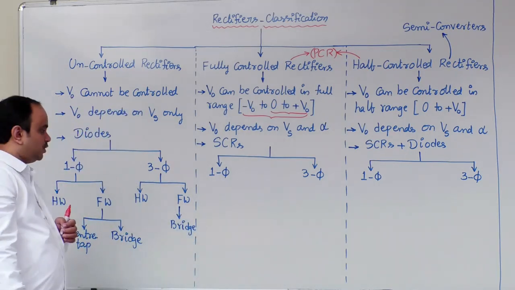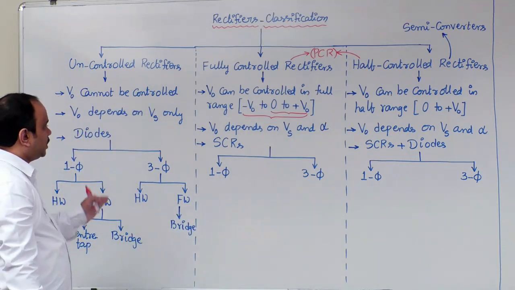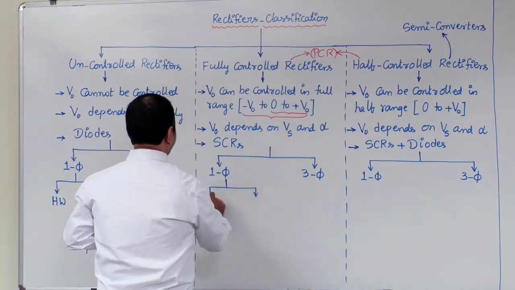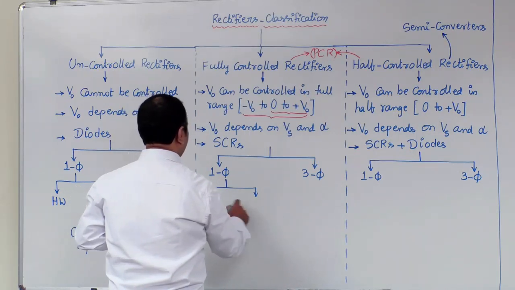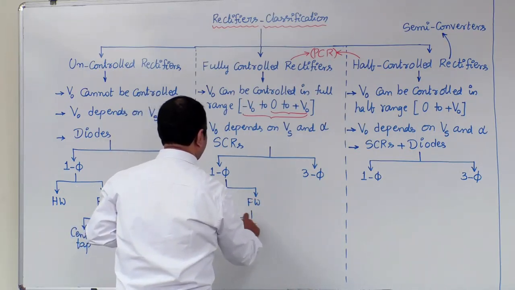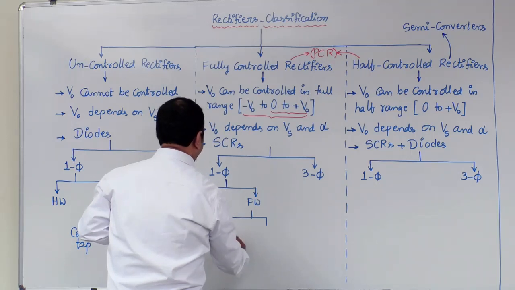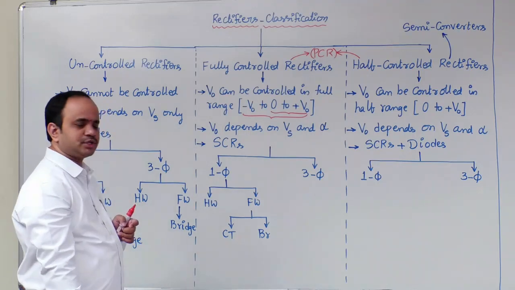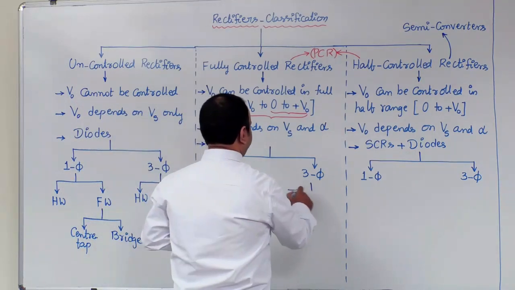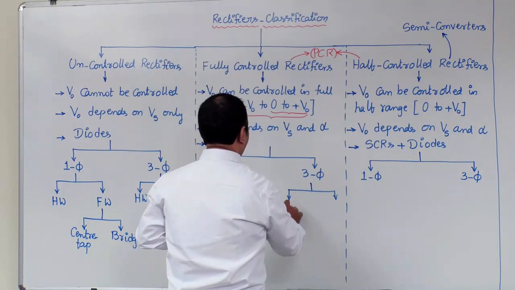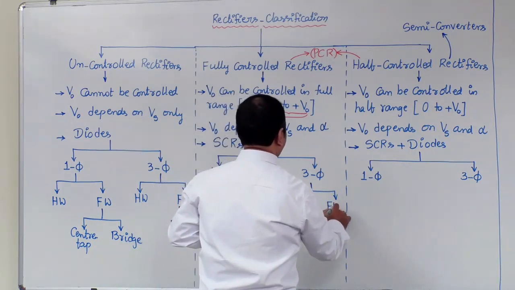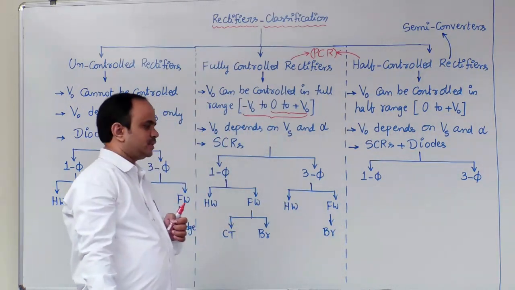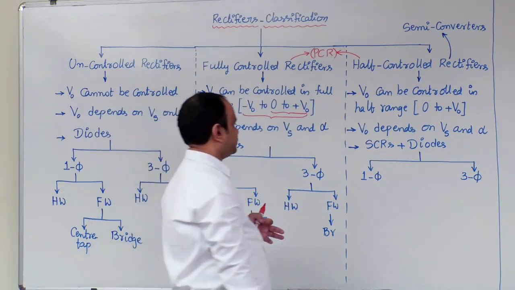Now, in a similar way, here single phase is further divided into half wave and full wave. Full wave is further divided into center tap and bridge configuration. Now, this three phase has half wave and full wave, and that full wave is a bridge connection.